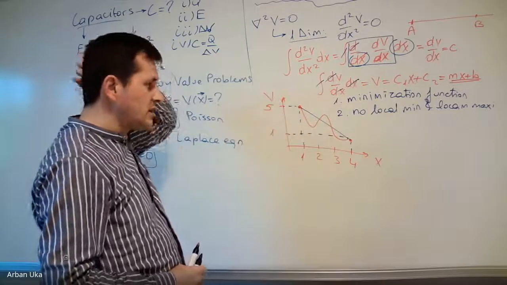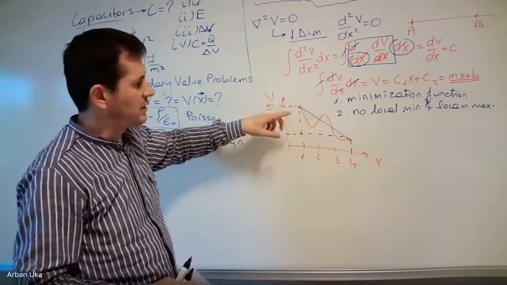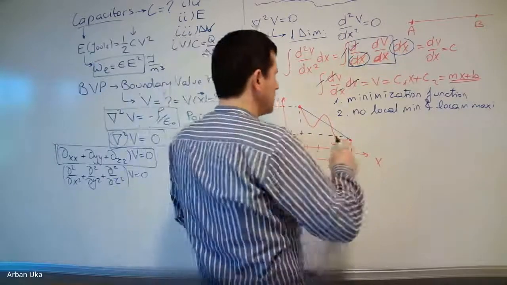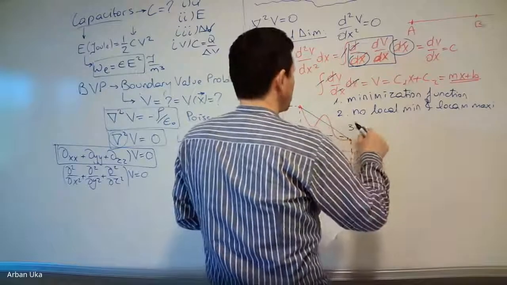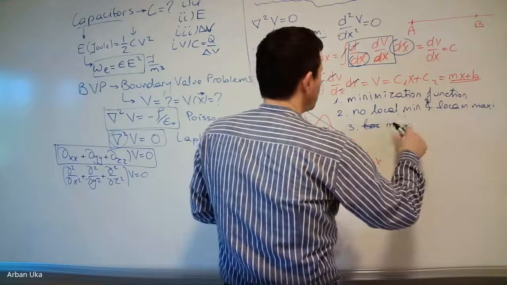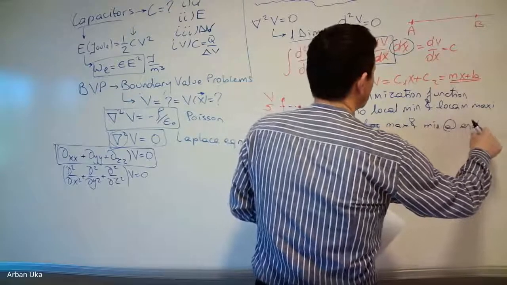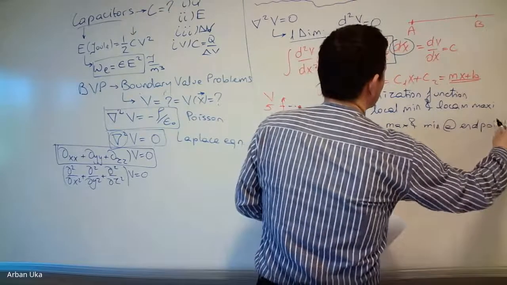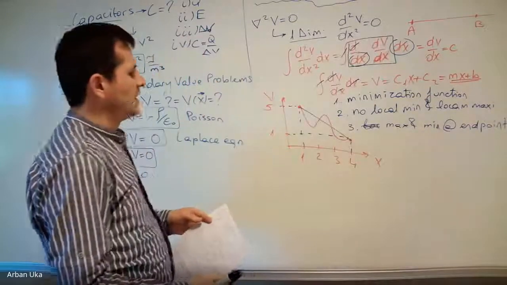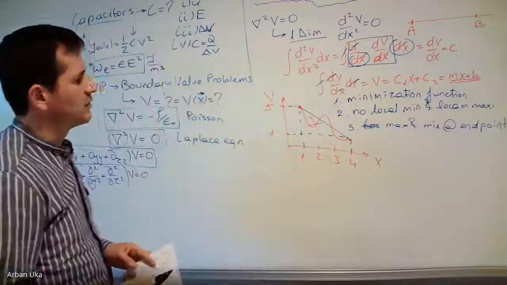So in these problems, we have the minima and the maxima at the end points. Third aspect: the maxima and minima at end points, okay? So this one in red, this cancels out, we never get it, we just get the line in blue.